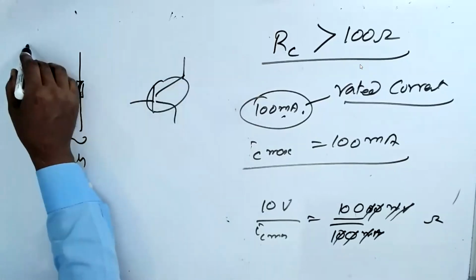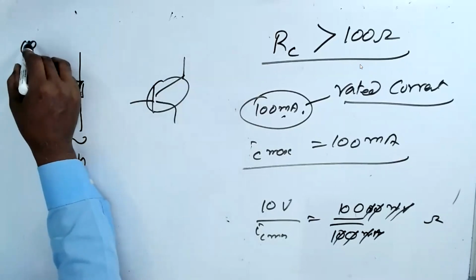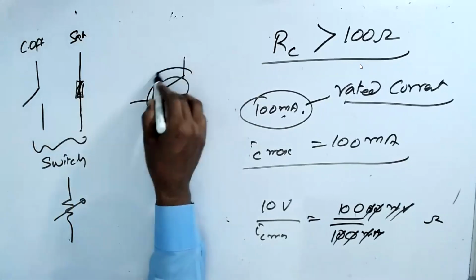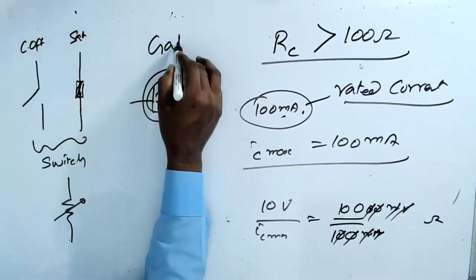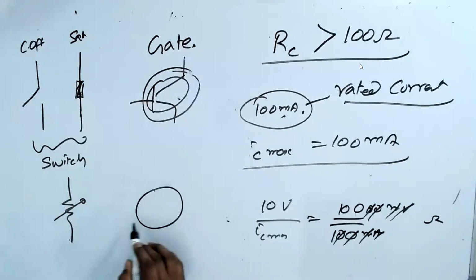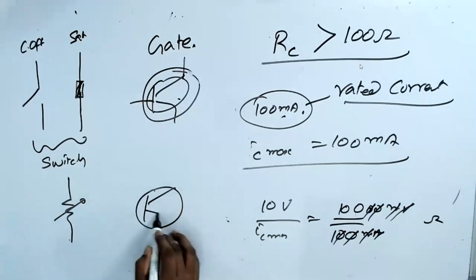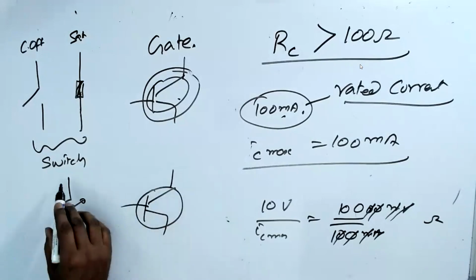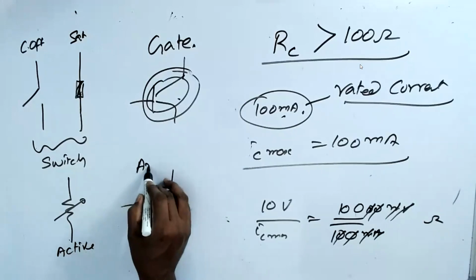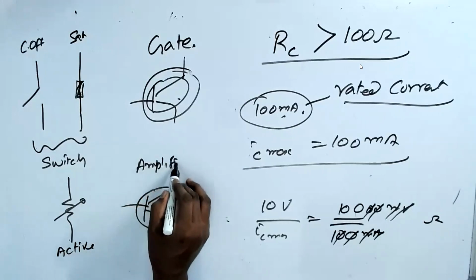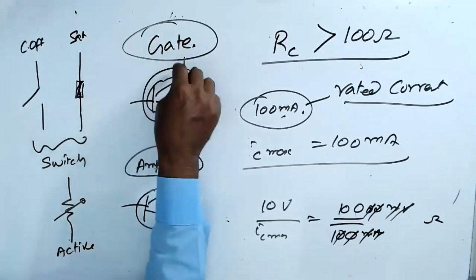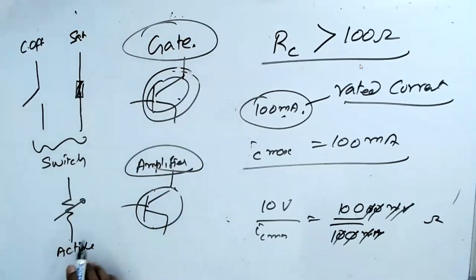When I do cutoff and saturation, I call this transistor a gate. The same transistor, when it's in active region, is called an amplifier. The same transistor can be used as a switch or variable resistor.